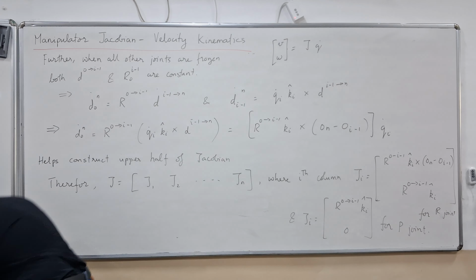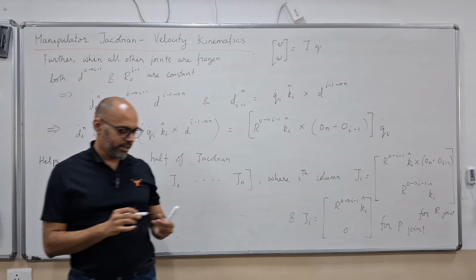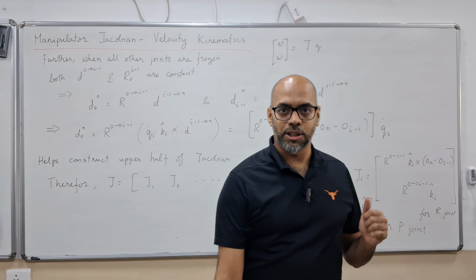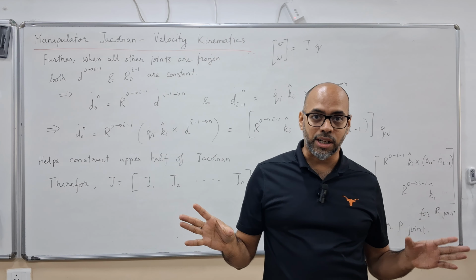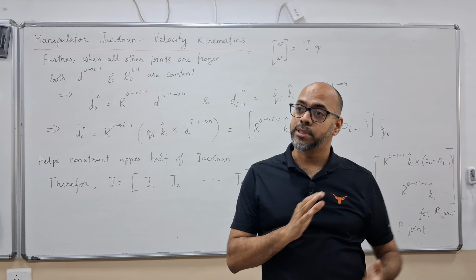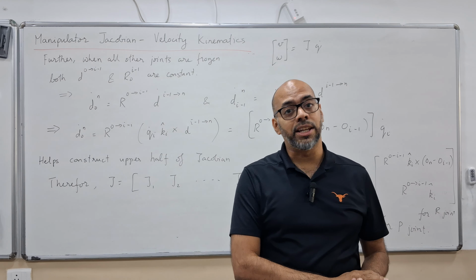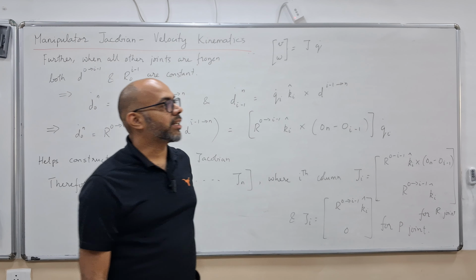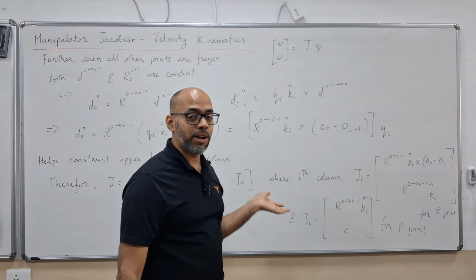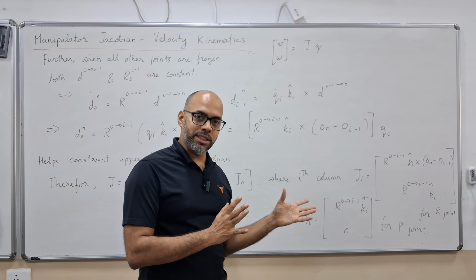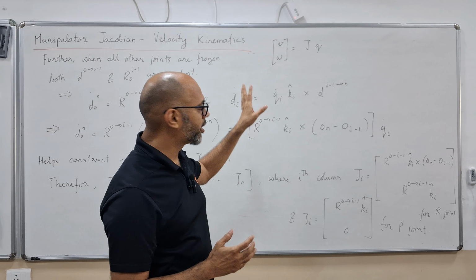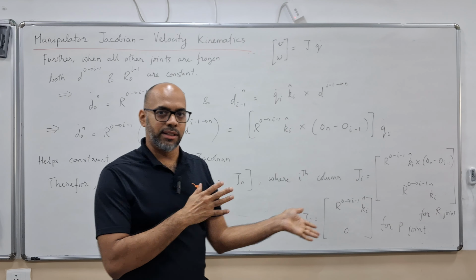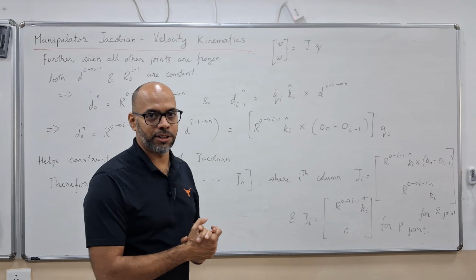Just to simplify the notation, I'm just writing V and omega. But beyond relating the velocities, this Jacobian helps us plan smooth trajectories. It helps us derive equations of motion when you are considering dynamics. It helps us in many other places. So it also helps relate torques and forces, which can be a little surprising, but you will see later on that it is quite natural that the same Jacobian will be helping us relate forces and torques.